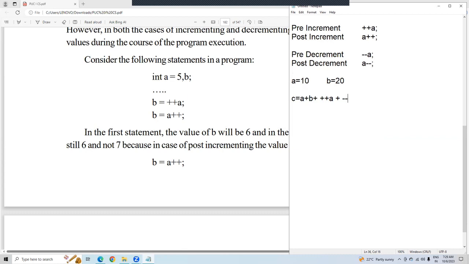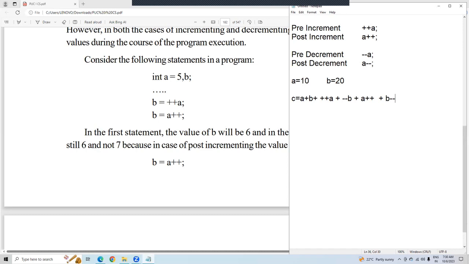Suppose I write minus minus b, it is pre-decrement. If I write a plus plus after the variable name, it is post-increment. And b minus minus, written after the variable name, is post-decrement.